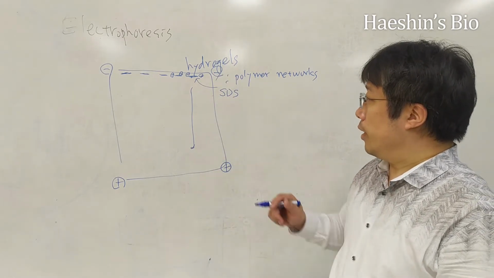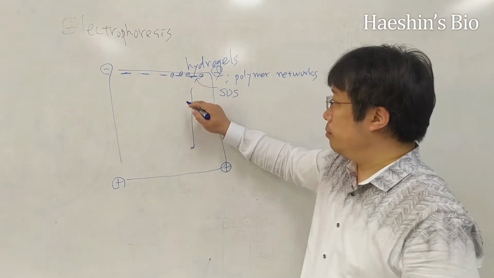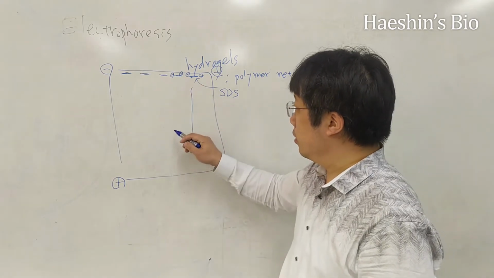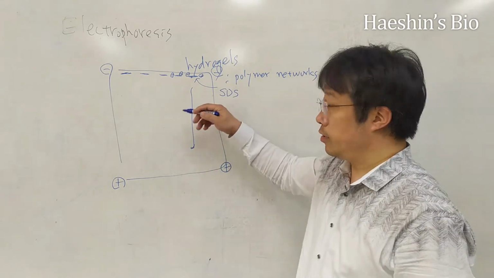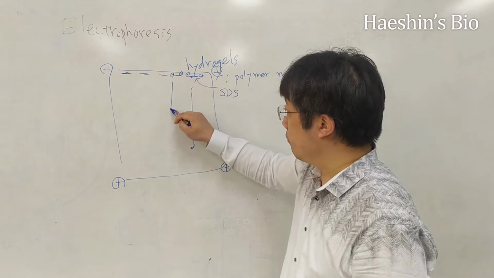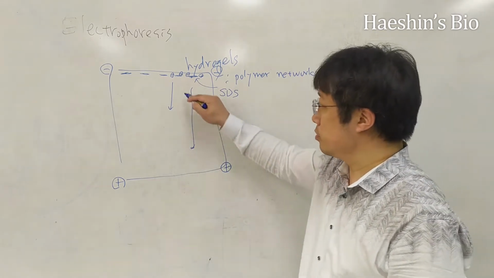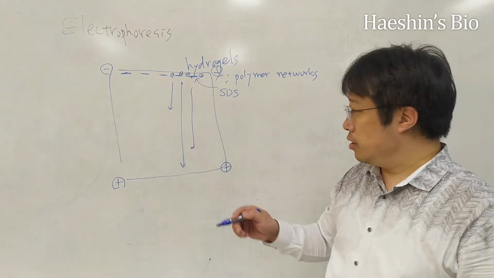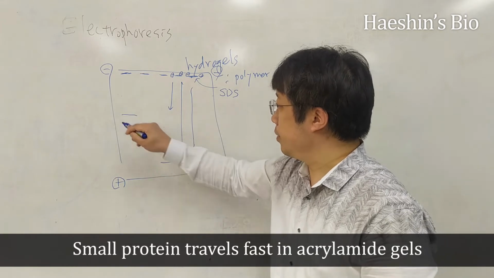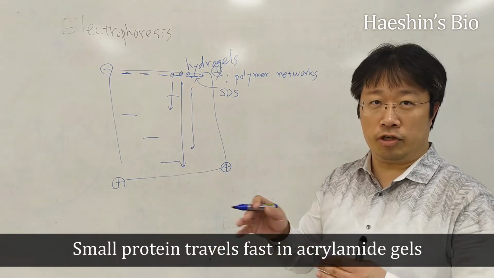What we learn from this experiment is that if the proteins are larger than the others, they migrate very slowly, and the small proteins migrate very fast. So at the end of the electrophoresis process, we have different bands with a different travel speed for each protein species.